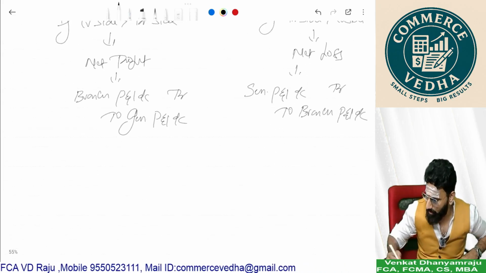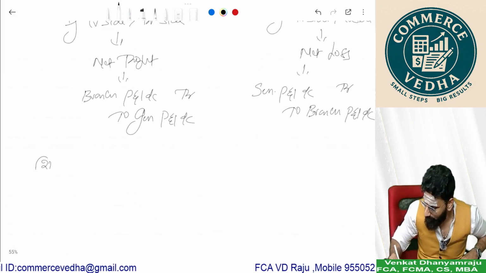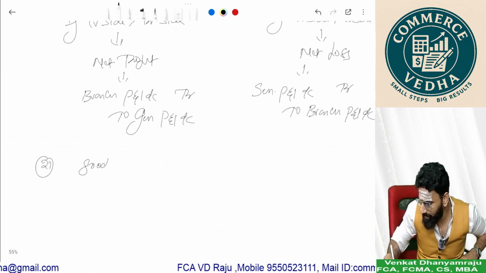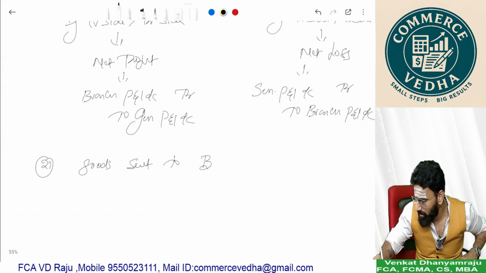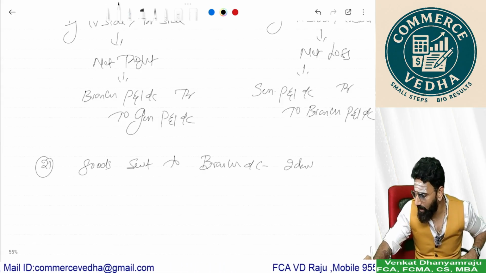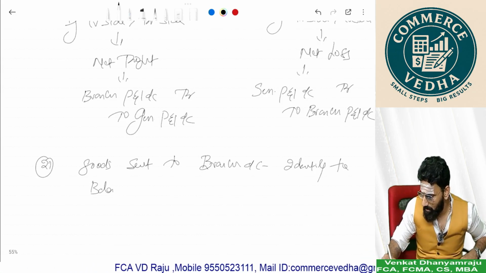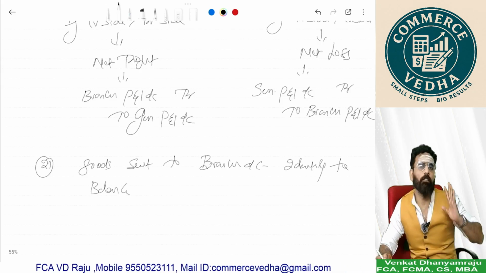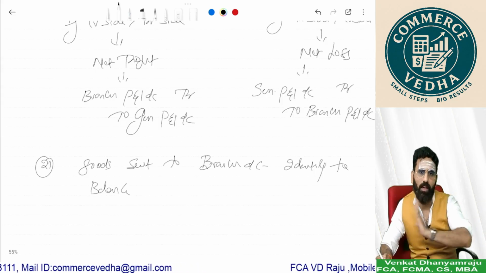And one more account is there, which is goods sent to branch account. Identify the balance, always the credit balance, goods sent to branch, because goods received from the head office.